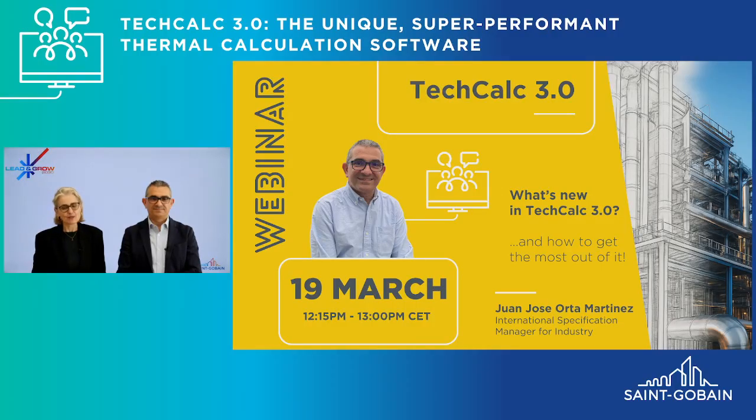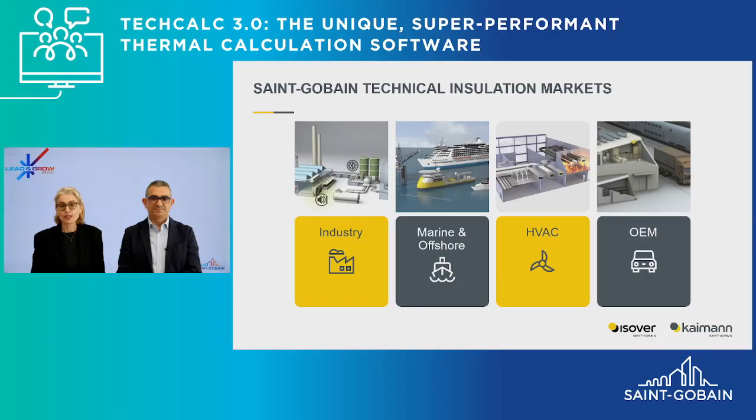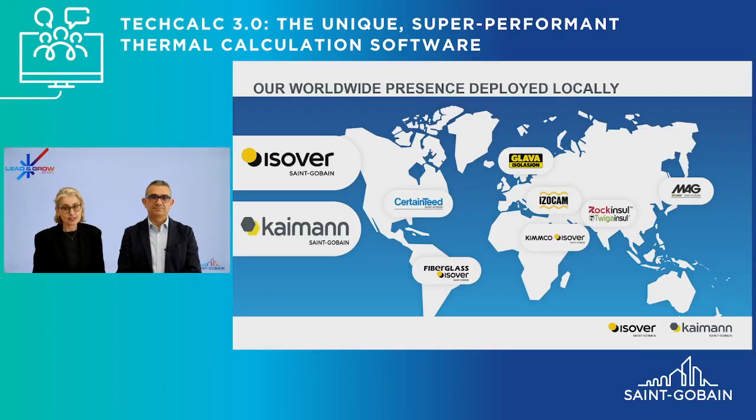Before we dive into this super interesting topic, I propose that we go through some presentation slides regarding Saint-Gobain and the technical installation business that we run. We are present on 4 main markets with technical installation in industry, marine, offshore, HVAC and OEM.